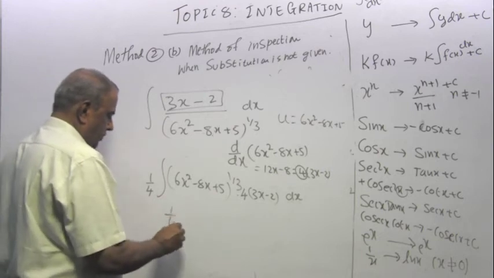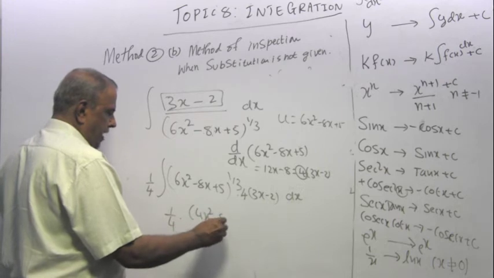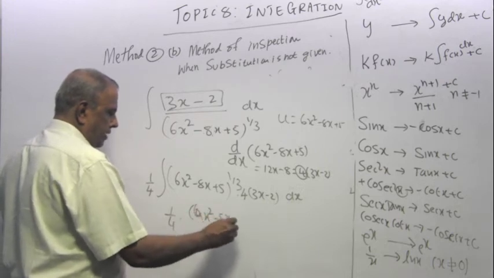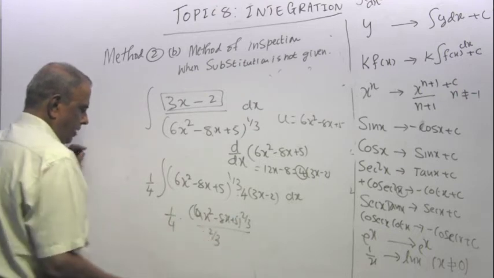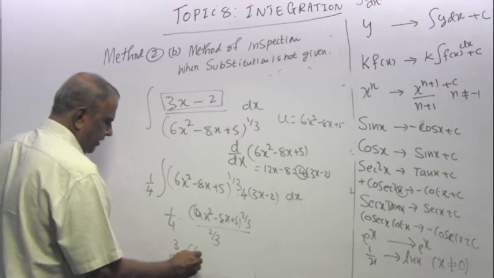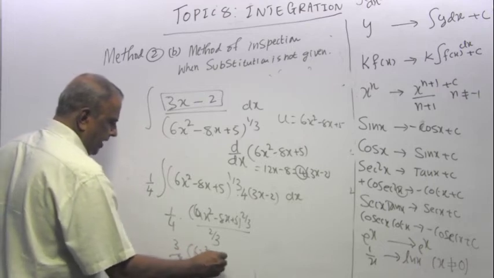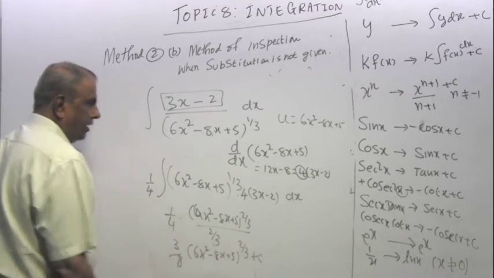So it's a quarter, anything power 1/3 gives you the same thing, power 2/3 over 2 over 3. So that is 3 over 8 times 6x squared minus 8x plus 5 power 2/3 plus c.